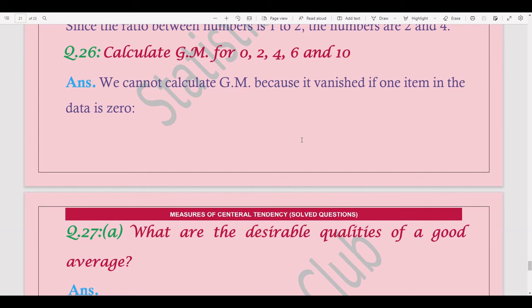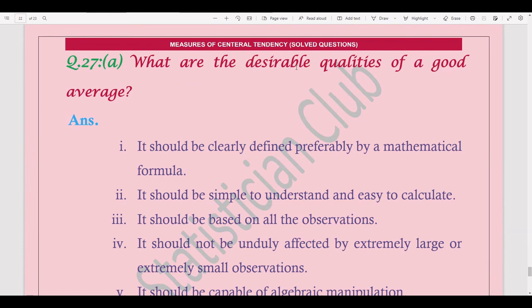When we multiply these numbers, anything multiplied by 0 gives 0. So we cannot find the geometric mean for 0 observations. If there is any observation that is 0 in the data set, we cannot calculate the geometric mean.